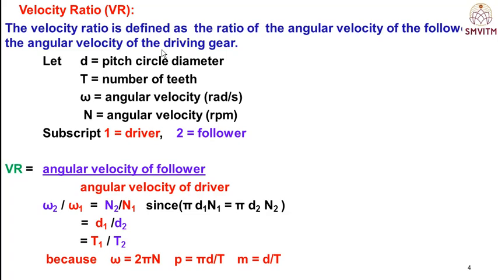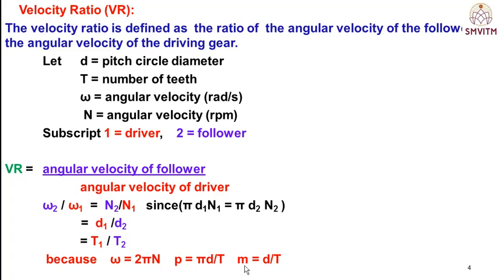Then velocity ratio is defined as the ratio of the angular velocity of the follower to the angular velocity of the driving gear. That is omega 2 by omega 1, or n2 by n1, or d1 by d2, or t1 by t2, since pi d1 n1 equals pi d2 n2, and module equals d by t.